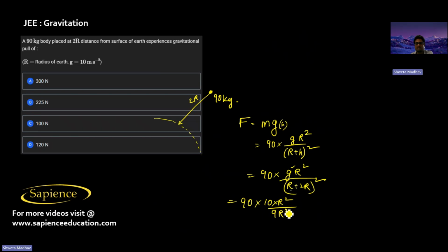So that is 9R square. R square cancels, 9 times 90 by 9, so this will be 10 into 10, that is 100 Newton. So 100 Newton is the gravitational pull the body will experience at that height. So option C is the correct answer.